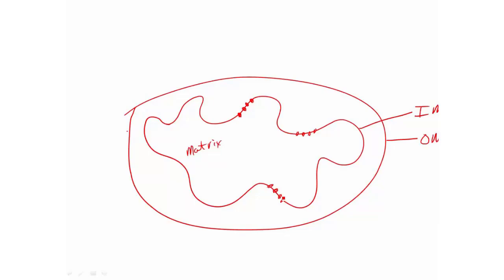The vast majority of our NADH and FADH2 that we made was right here in the matrix. Keep in mind that the citric acid cycle is taking place in the matrix, and so most of the NADH is being produced in the matrix from the citric acid cycle.